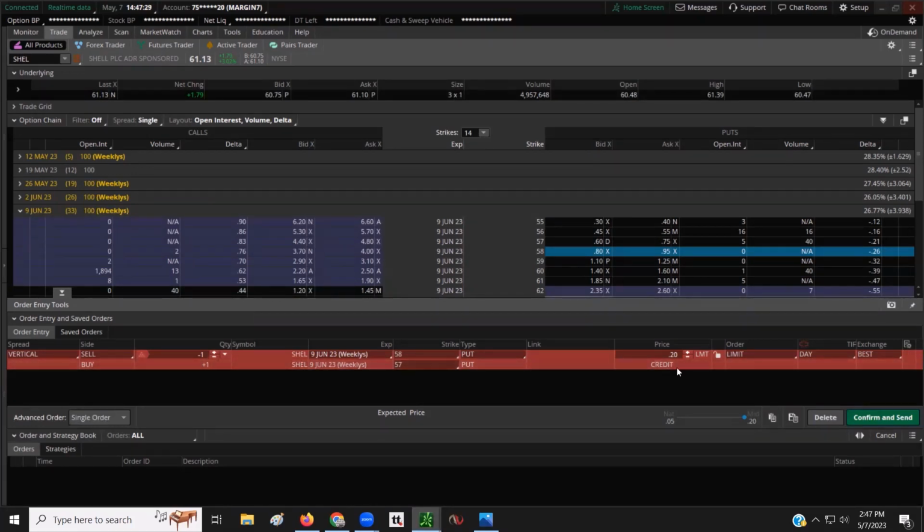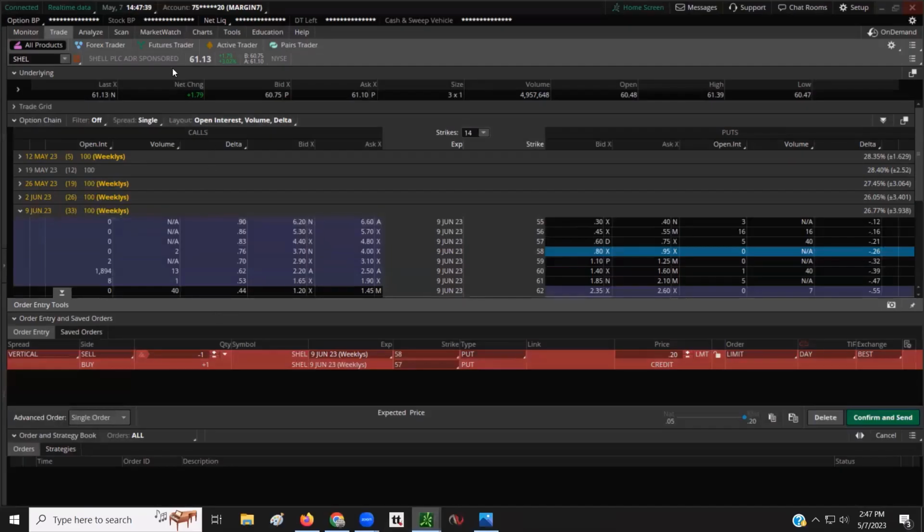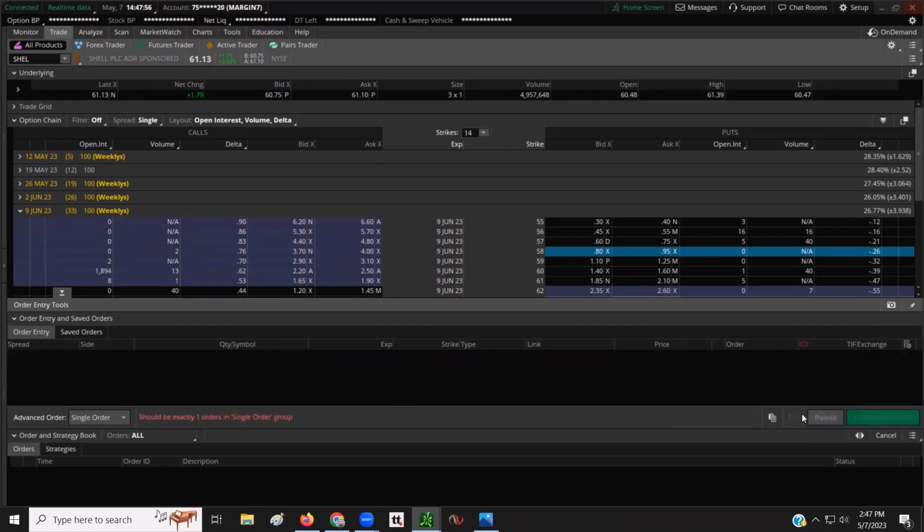You bought it at the price I showed you here, and then Friday you sold it there. So either way, profits if you closed it on Friday. If you're still in the trade, then you hope this goes down to zero, because it expires June 9th. There are still opportunities to participate.